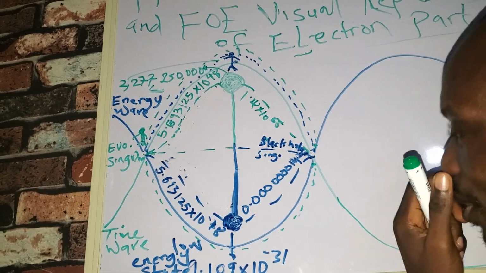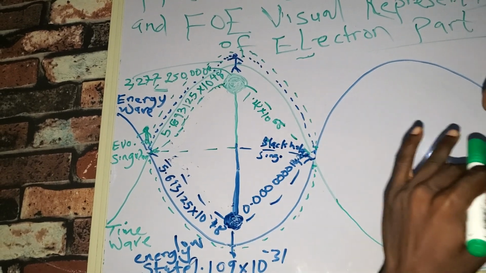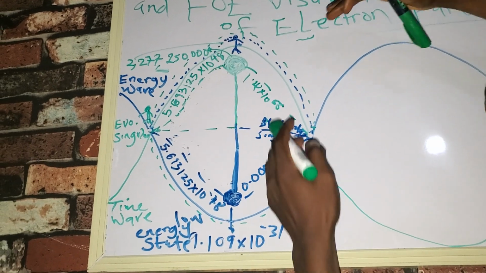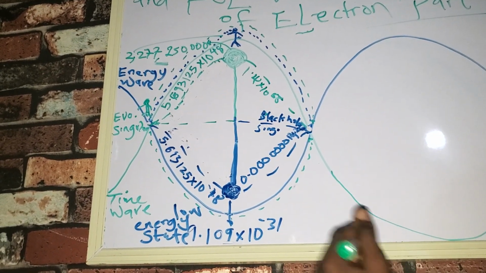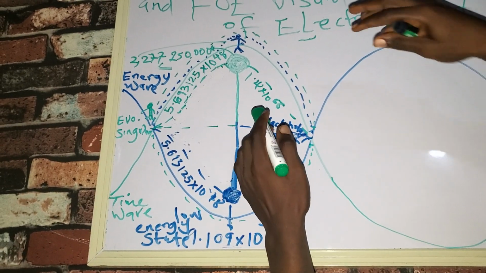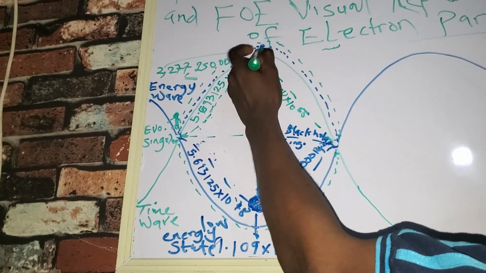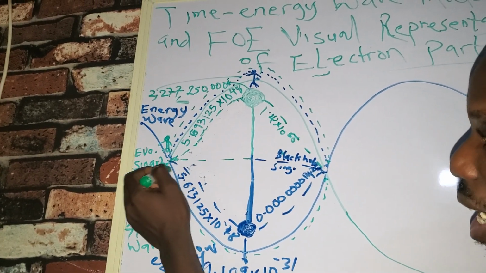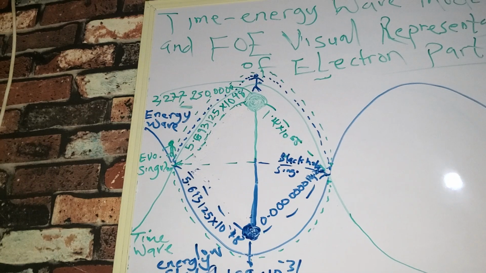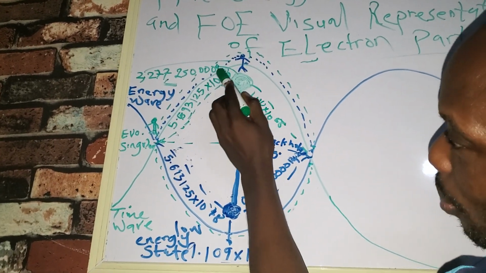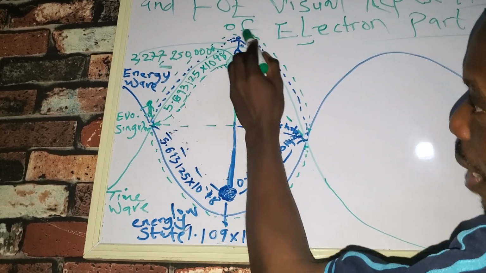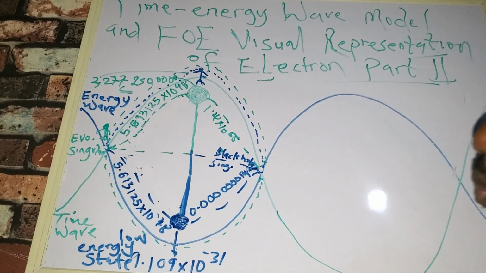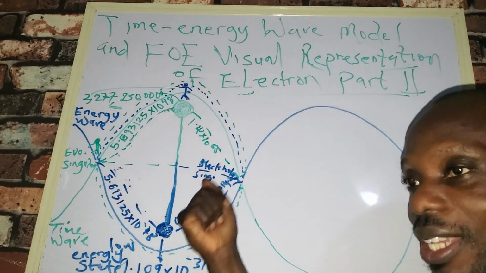But the problem is this: don't forget that there is relativity effect, because this particular person is at a point where mass is very huge, and as a result, the energy level that this person is operating at is different from the energy level at quantum level. So as he's trying to explore relative to right from the classical realm down to the quantum realm, then he will be able to see what I explained the other time.